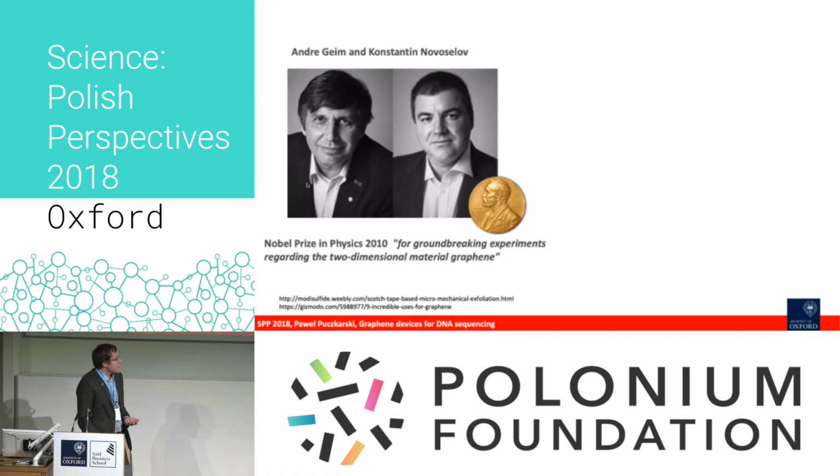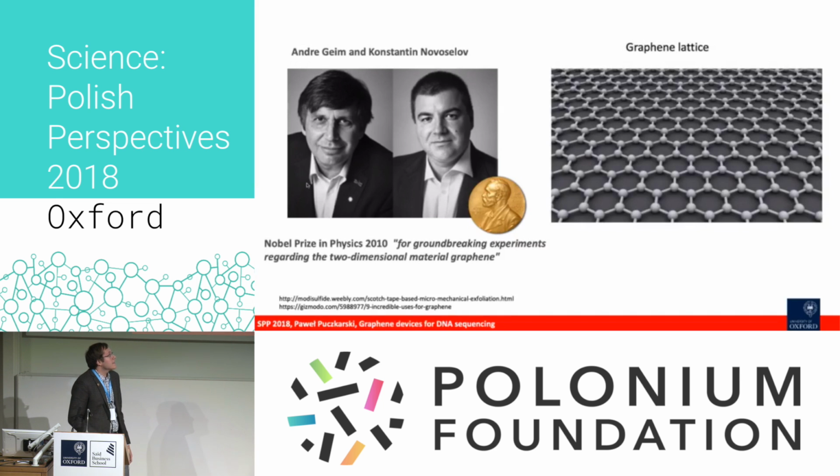So it emphasizes how big a breakthrough was introduced to nanotechnology and solid-state physics by the occurrence of graphene. What is so unique about graphene is the fact that it's a truly two-dimensional material. It's ultimately thin, and it consists just of a single layer of carbon atoms arranged in this hexagonal honeycomb-like structure.